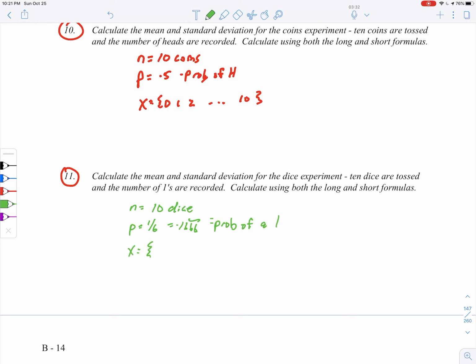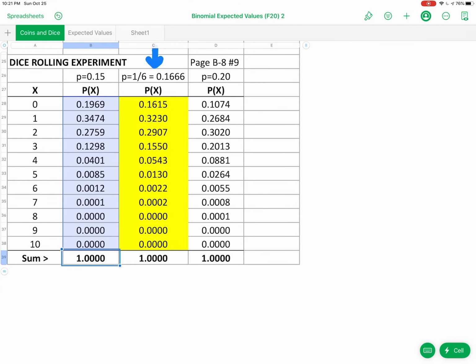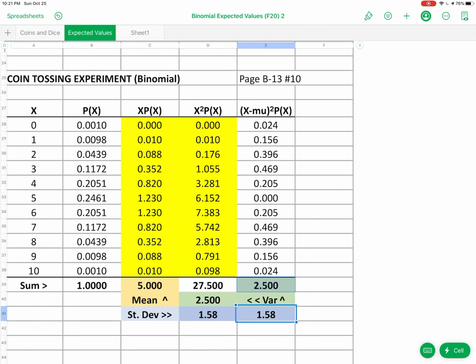And of course, x is just like above. X takes on the values of 0, 1, 2, 3, all the way up to 10. Now, I've actually done this calculation here in Excel, so let me just go over there and we'll take a look at this next page here.